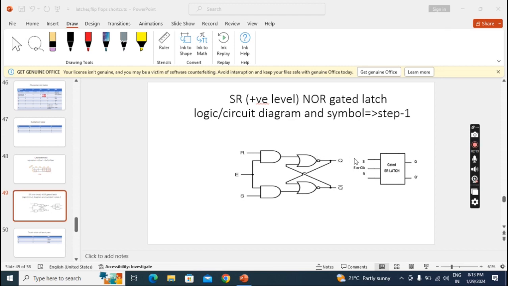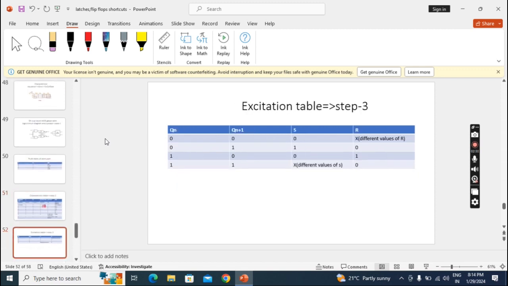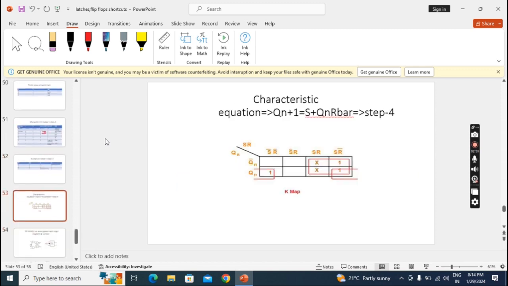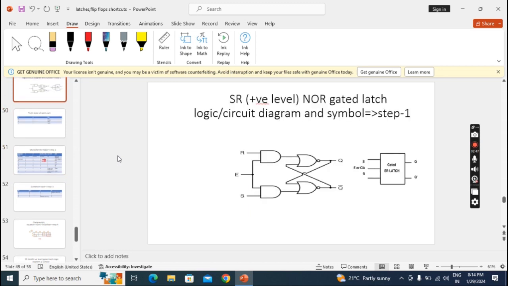So the symbol will be the same as the NAND latch only. Only the logic diagram is changing. The remaining steps and the latch part truth table will change, because this is now a NOR latch. But the remaining step 2, step 3, step 4, everything is the same. No difference. Let's see one input. Suppose I apply 0 0 and the positive level clock is 1. So what will happen here?